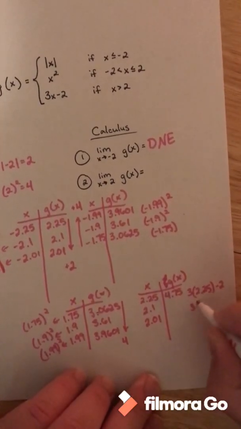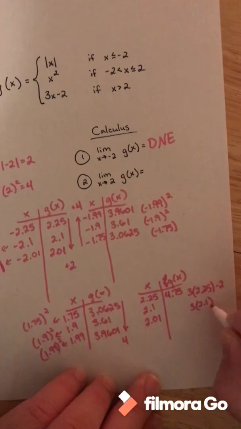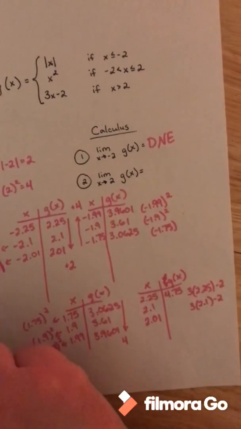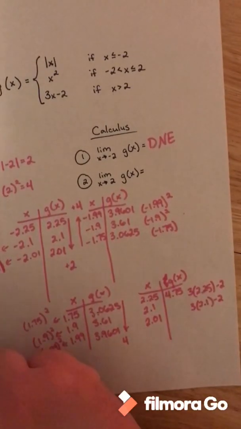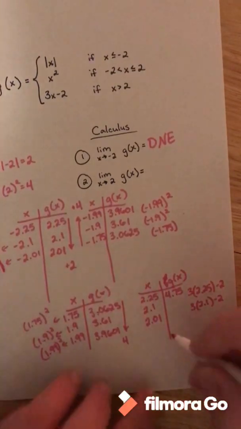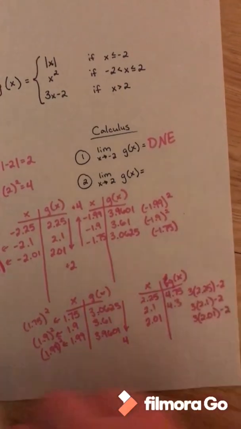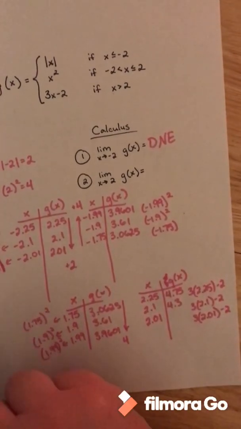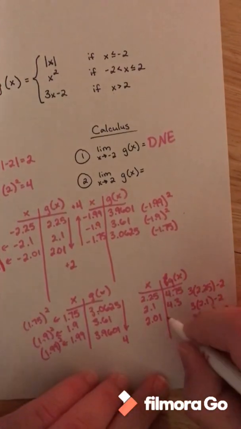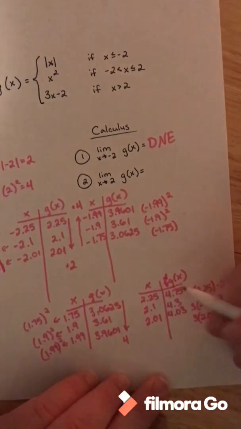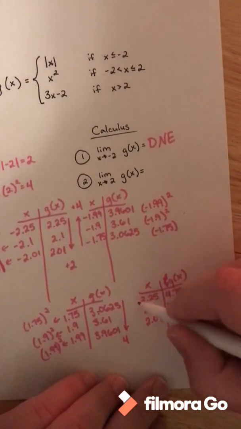Let's plug in 2.1. 3 times 2.1 minus 2 gives me 4.3. Let's try this last one. 3 times 2.01 minus 2. I got 4.03.